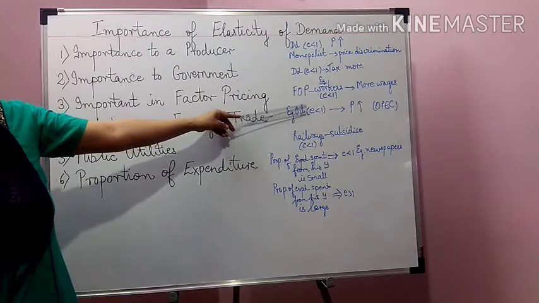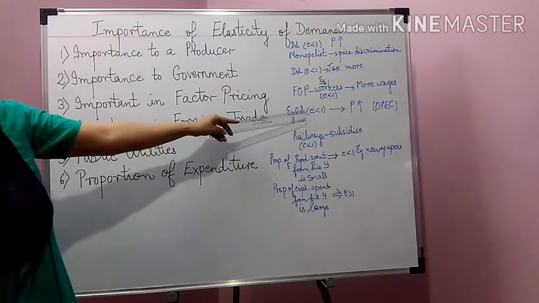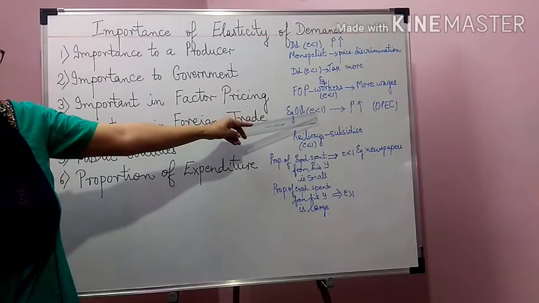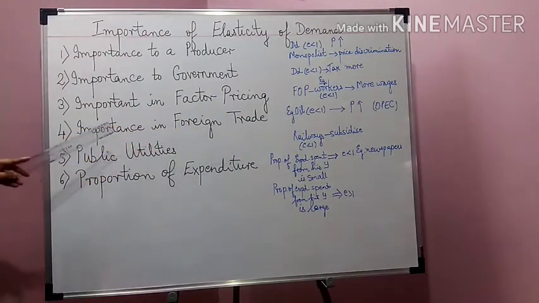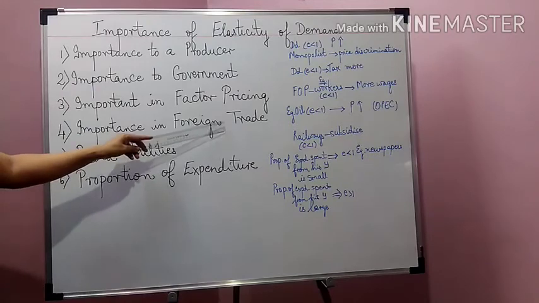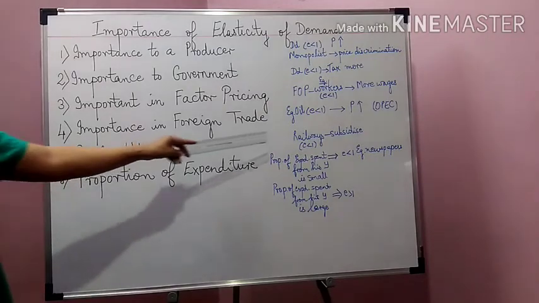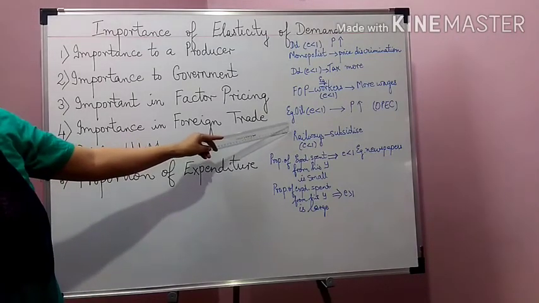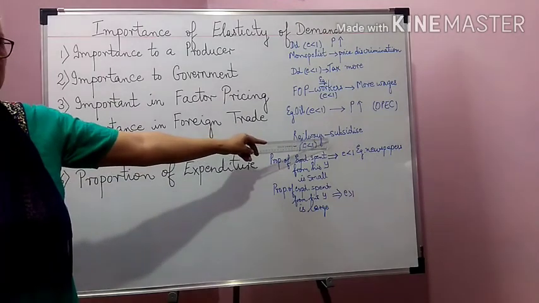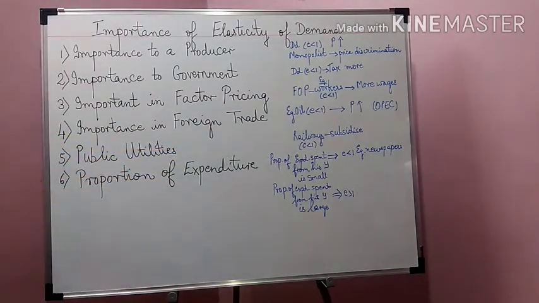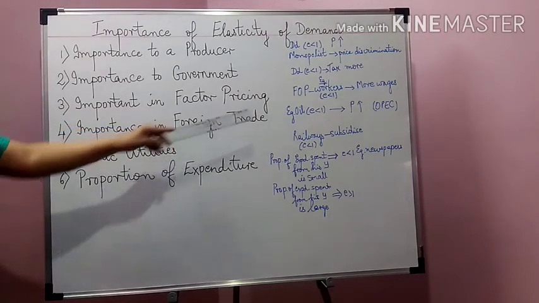Means it is relatively inelastic. In such cases, by studying the concept of elasticity of demand, the foreign trade policies can be determined. Fifth point of importance, public utilities. Those services which are public utility have relatively inelastic demand like railways. In this case, the government can nationalize or subsidize such facilities so that exploitation of the consumers can be reduced.